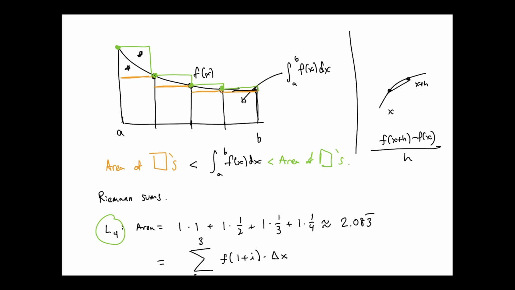Let me get a blue. Let's actually use the fancy tool here. There we go. Isn't an iPad great? By averaging them, what I've actually done is split the difference between them, which is the amount that's above the orange but below the green.